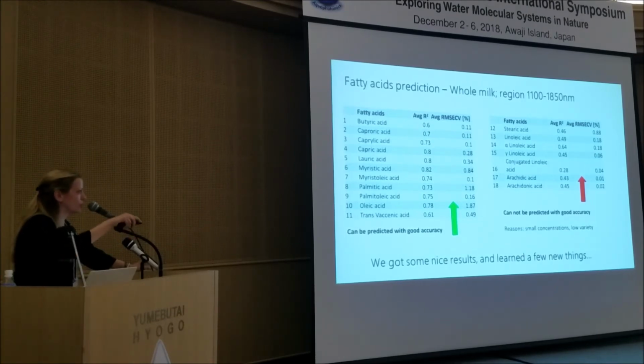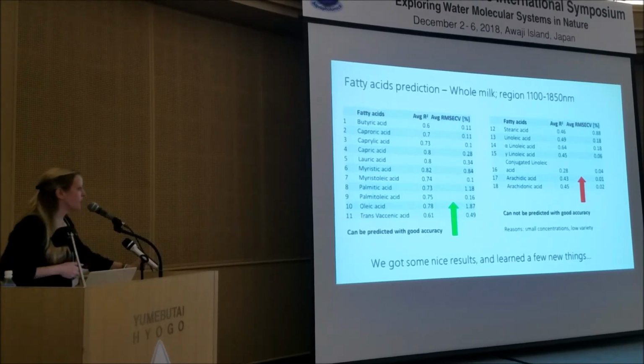However, this is really a good step forward compared to the state of the art, because currently infrared spectroscopy is usually used on dried milk, and we have this for whole milk.